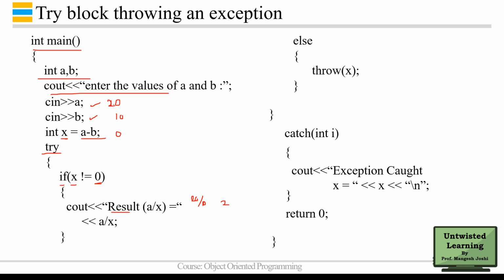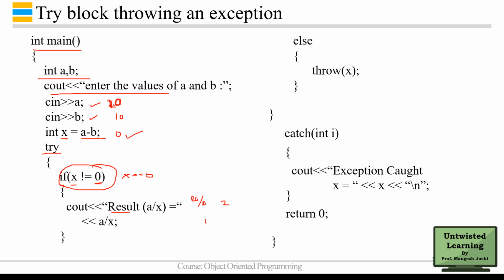So in the output you will get 2. But suppose both the values of a and b turn out to be 10, so x equals a minus b turns out to be 0, and x will be equal to 0.